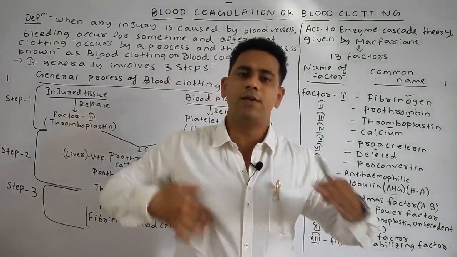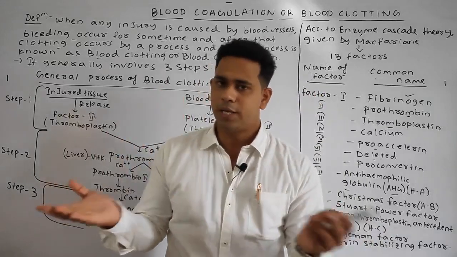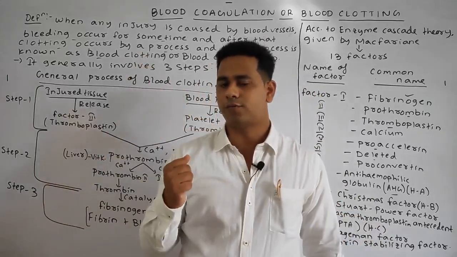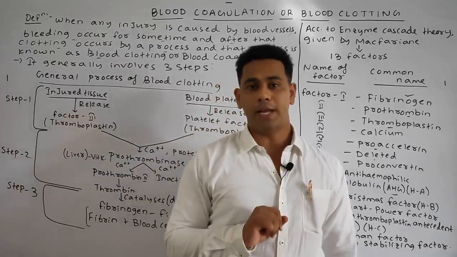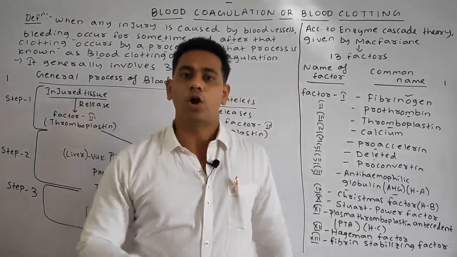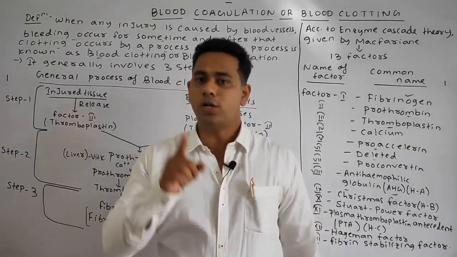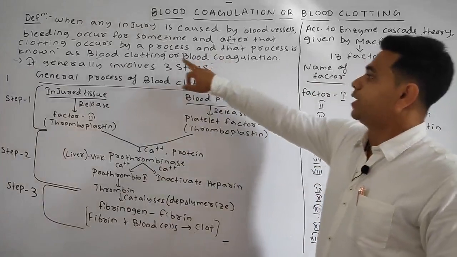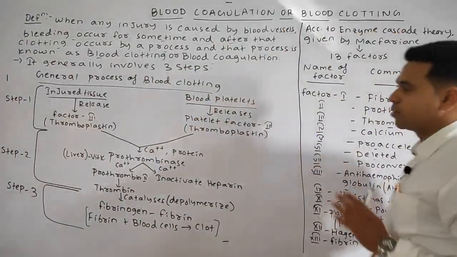Obviously, blood vessels are all over our body, so if that portion is cut, the blood vessels will also be cut, and bleeding occurs. But after some time the blood clots, or we can say the blood flow stops. By which process does that occur? That is nothing but blood clotting or blood coagulation.